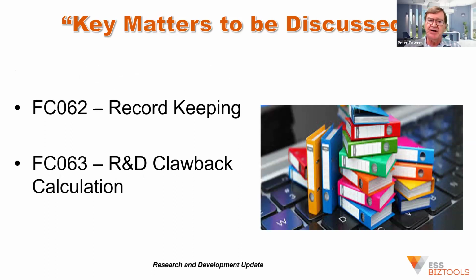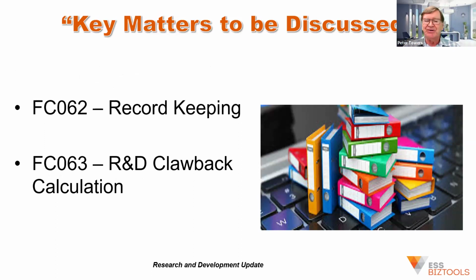Now, this relates to whether your client has received government grants for a project, and part of it is the research and development. So part of the government's money has been spent on research and development. The government wants to claw that back, so we have to make declarations.